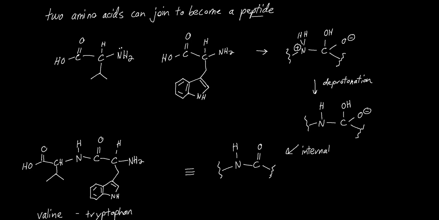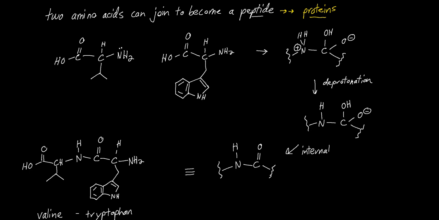Peptides can get larger, you can keep adding amino acids, and eventually they form proteins. So this is a nice segue at the end of organic for those of you going into biochemistry, because biochemistry largely is the study of proteins.